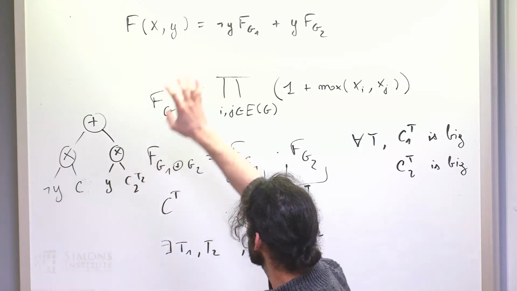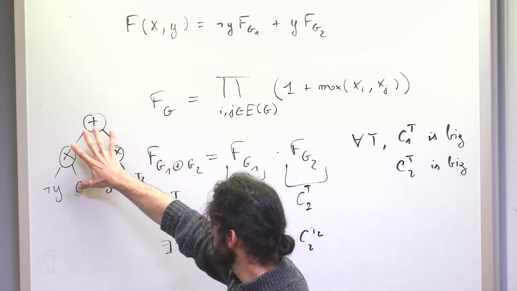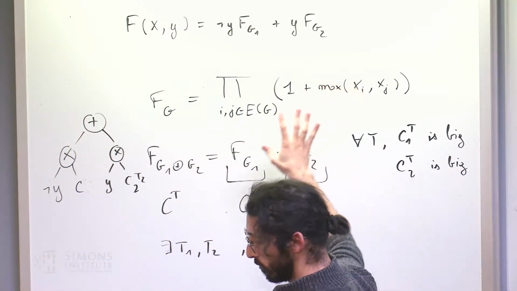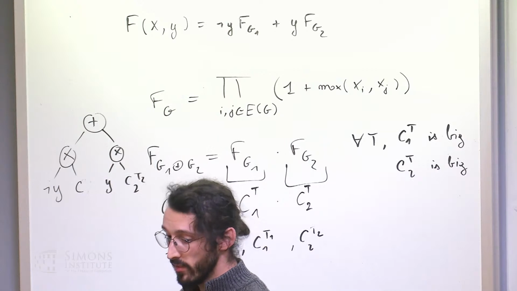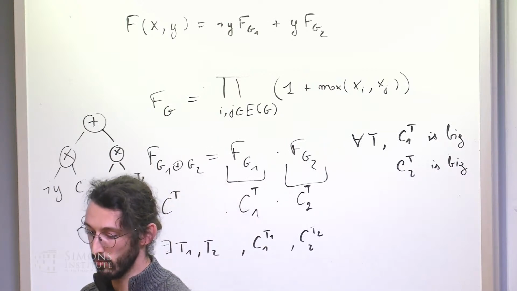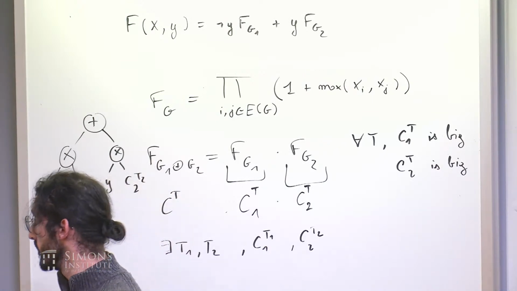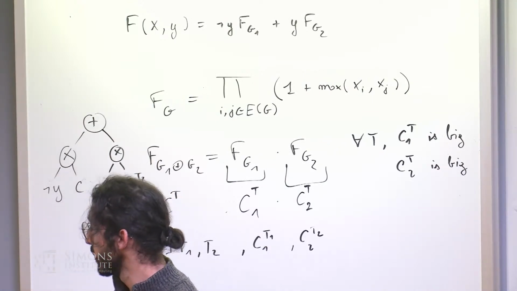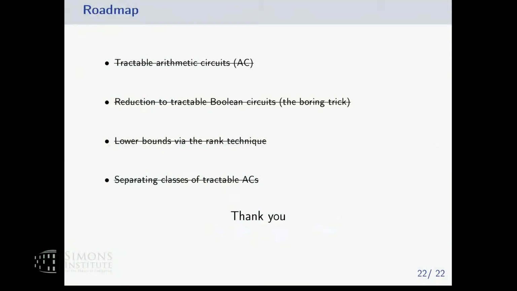You have a class of functions which are easy to represent as decomposable arithmetic circuits, and very hard to represent as structured decomposable arithmetic circuits. And again, I never had to assume anything about weights being positive or negative. They can be negative, it doesn't matter. The separation will hold. Good. I've been quite fast, actually. So that's all I wanted to present.